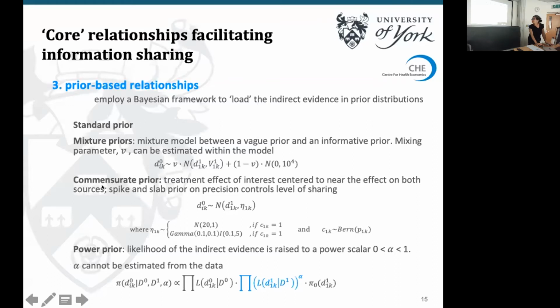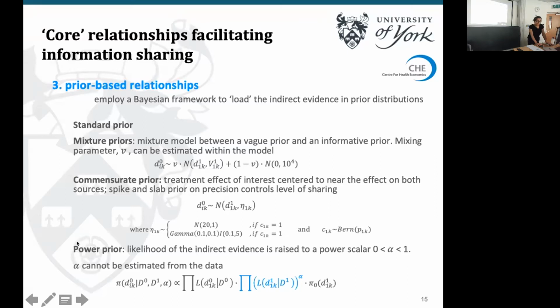But there are a number of other, more complex models that have been used. So mixture prior models. Mixture prior models are a mixture between a vague prior and an informative prior grounded on the indirect evidence set. The mixture parameters can be estimated within the model or assumed a certain value.